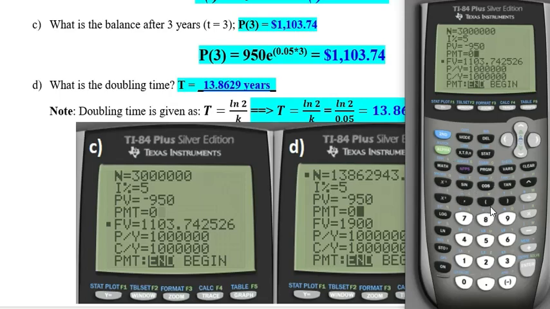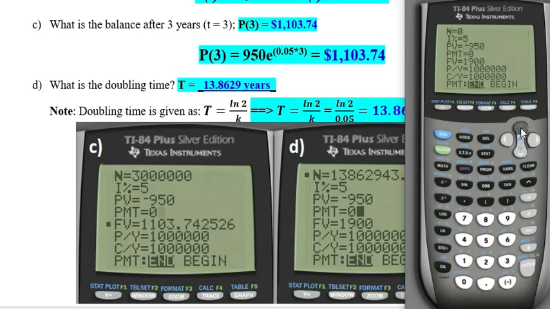Then if you want to find the doubling time, so we are trying to find the N, so you turn this to 0. I is 5, the initial investment is $950. PMT, we don't care. Then doubling is going to double from 950 to 1900. Okay. P over Y is 1 million, C over Y is 1 million.